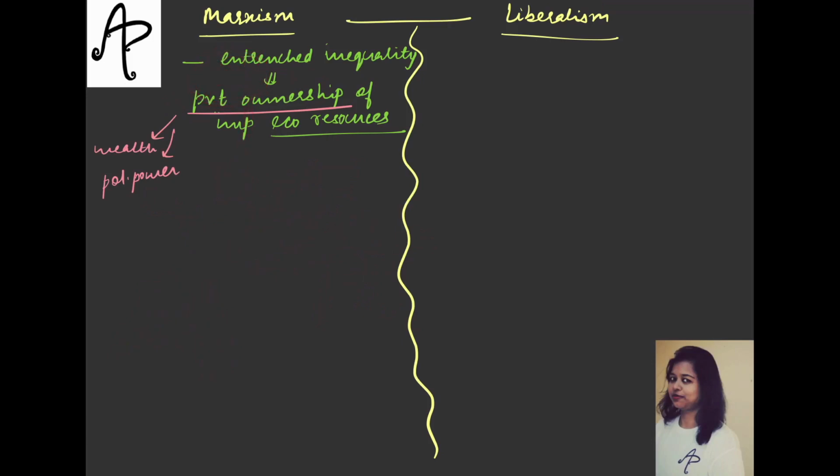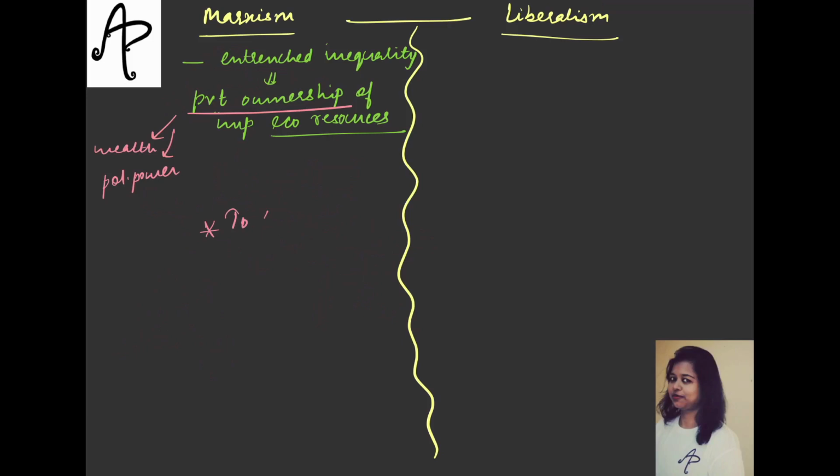We need to go beyond providing equal opportunity. This is what Marxism suggests: go beyond providing equal opportunity and ensure public control over essential resources. That is the whole debate, communism and capitalism, but we are not going into that debate, just giving you a broader idea.